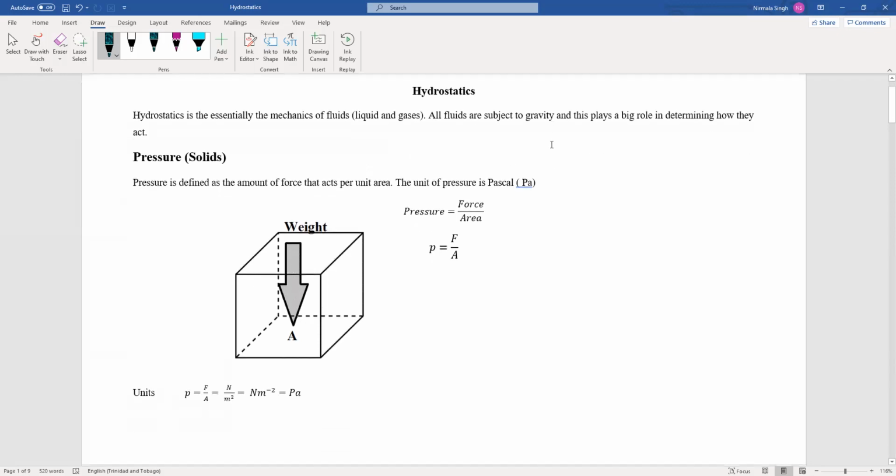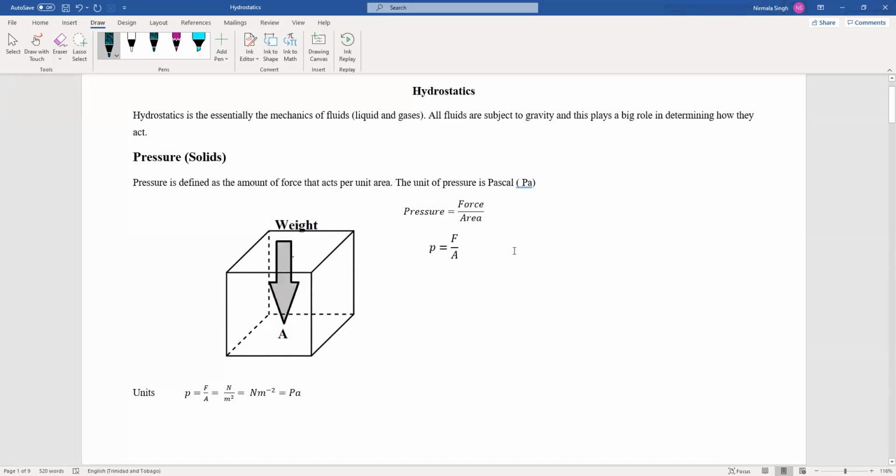So pressure by solids. Pressure is defined as the amount of force that acts on a given area. So simply, all right, if I have, okay, this diagram.